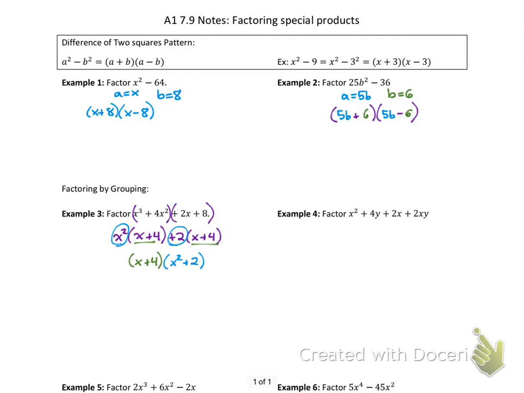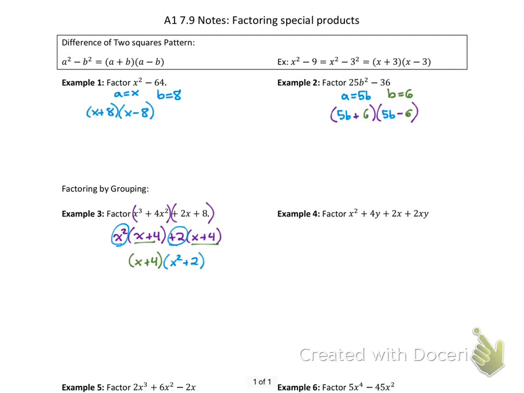Let's look at example 4. Now, if you look at example 4, x squared plus 4y don't look like they have anything in common. And 2x plus 2xy, that has something in common. But I'm going to use some intuition, which you might not have yet, but that's okay, you'll get it, and rearrange some things.